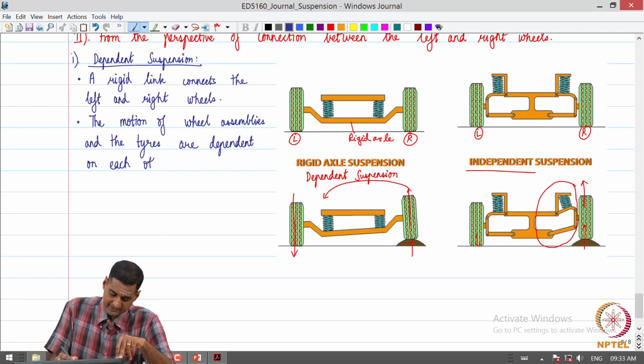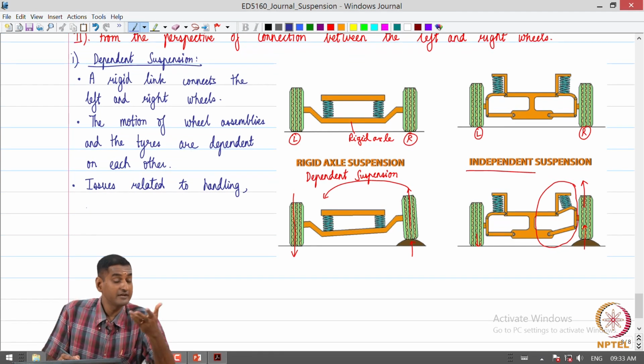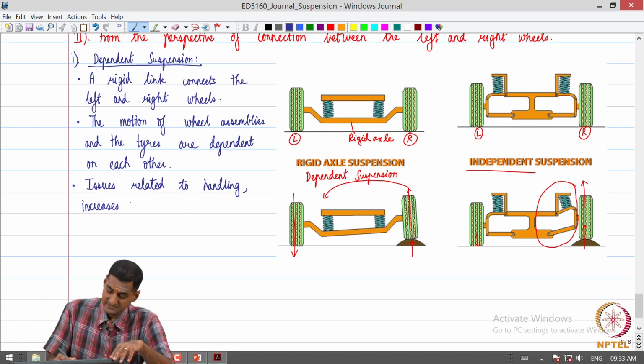Consequently, there are a few limitations. We have issues related to handling, that is what happens when we steer the vehicle, and then issues related to ride comfort and road holding, because the unsprung mass is more.